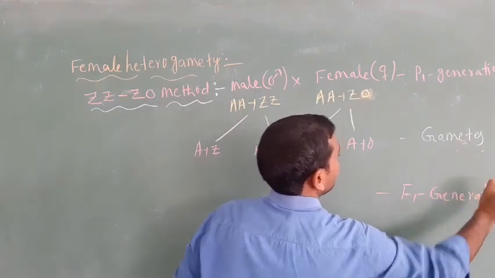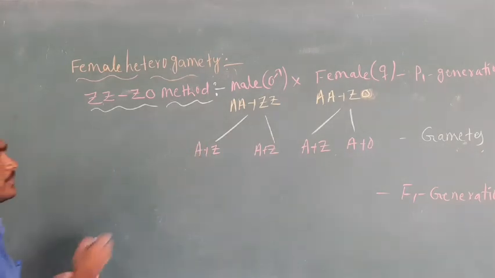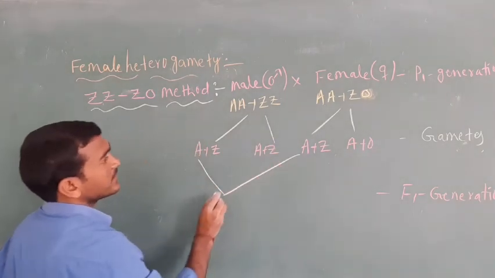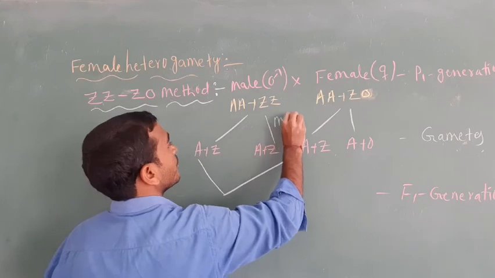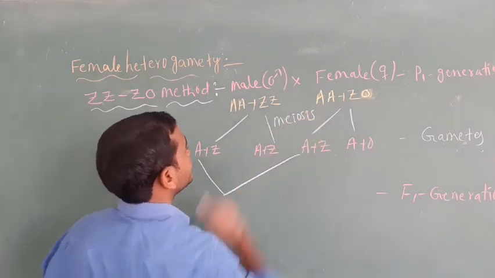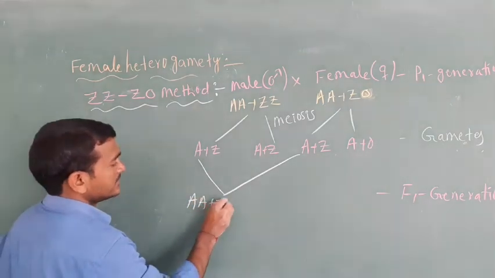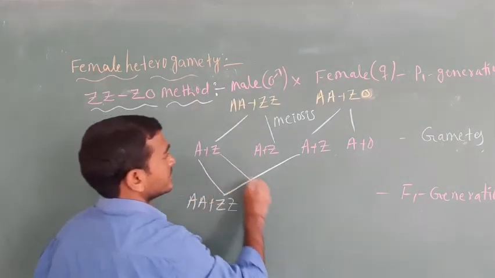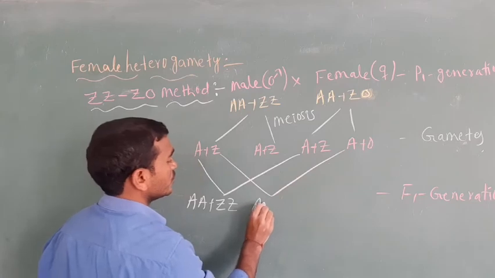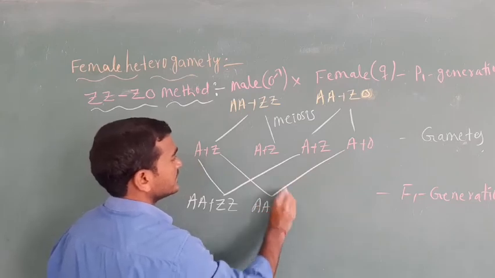generation. In the F1 generation, what happened is the mating between them. Here again meiosis. Here autosomes plus ZZ. This again is autosomes plus Z0.